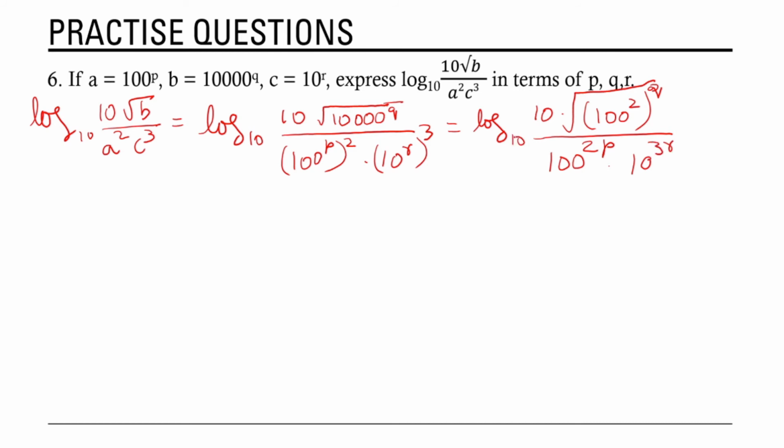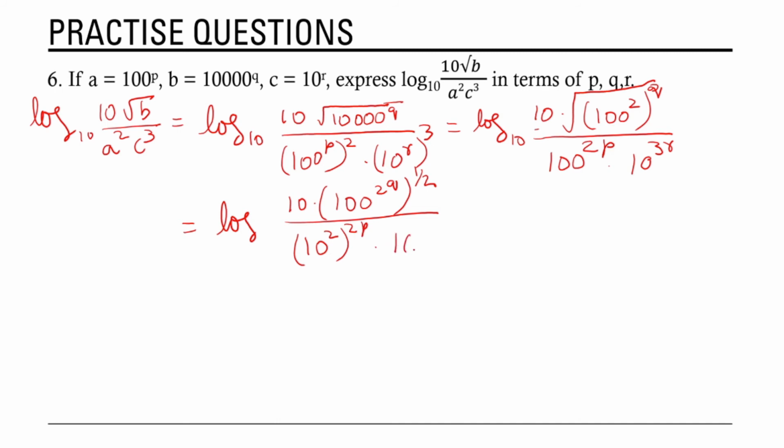So, this is equal to log of 10 into 100 square the whole raised to q, writing it as 100 raised to 2q, under root I am putting it as the whole raised to half, divided by, here I am writing this 100 as 10 square, so 10 square the whole raised to 2p into 10 raised to 3r.